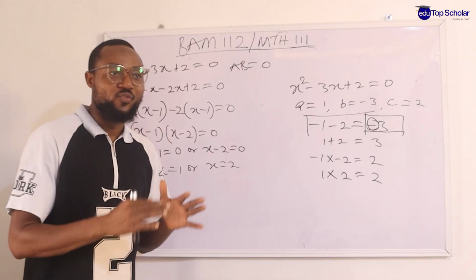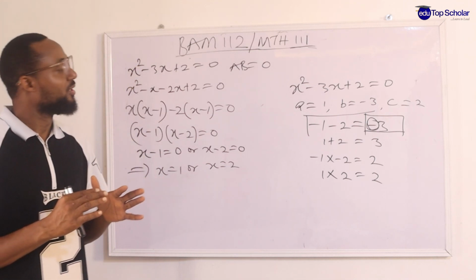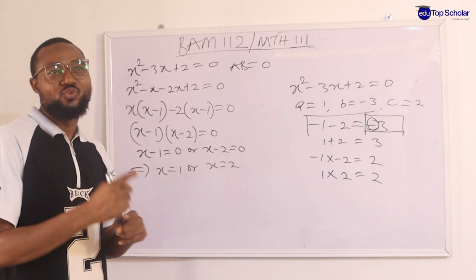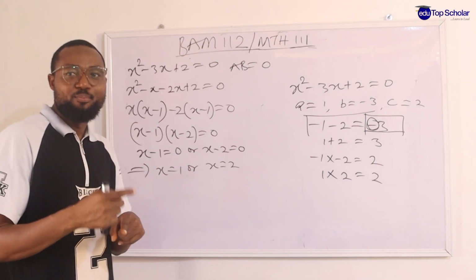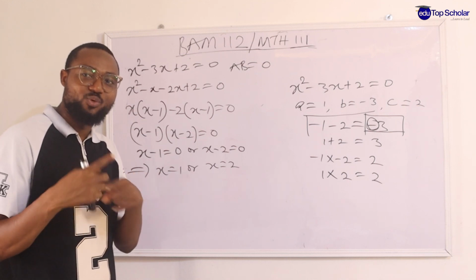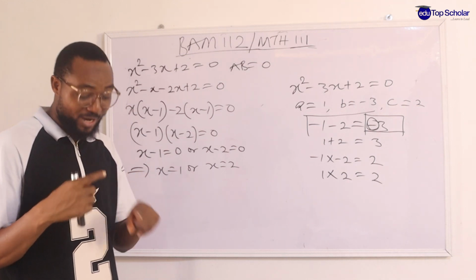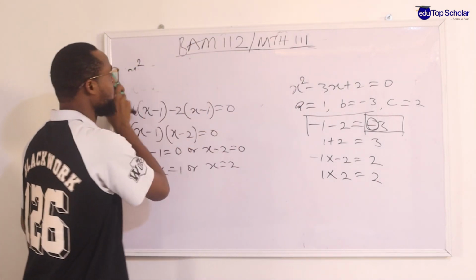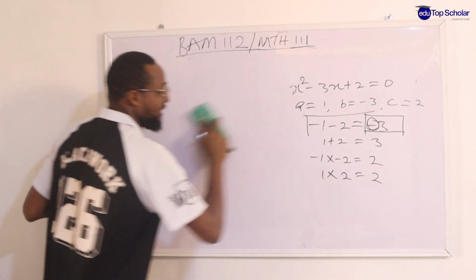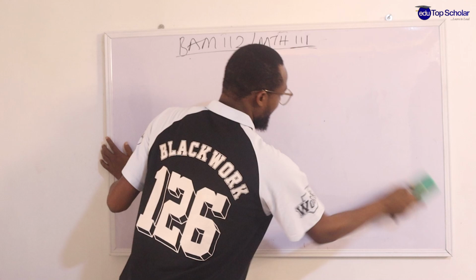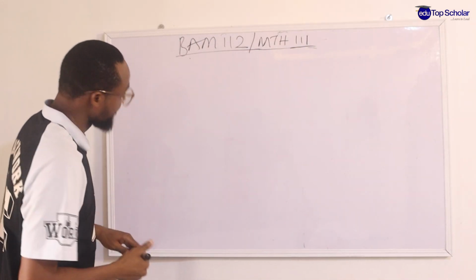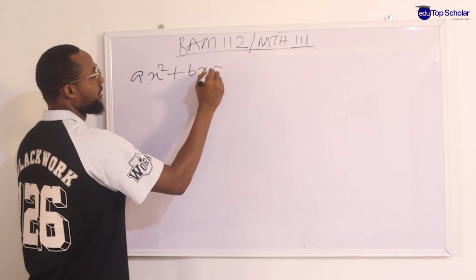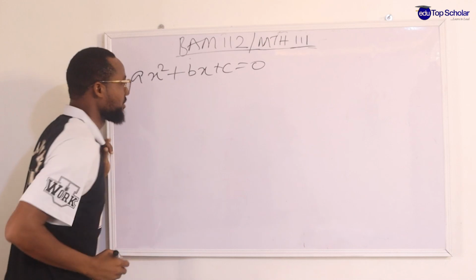For now, we'll focus on the second method called the completing the square method. And we want to see how that one becomes the quadratic formula, the one popularly called the almighty formula by our students. So I will go back to the general form of a quadratic equation defined by this, ax squared plus bx plus c equals 0.